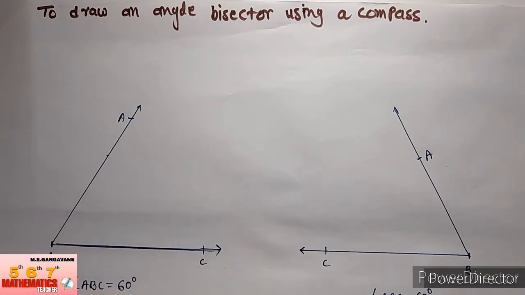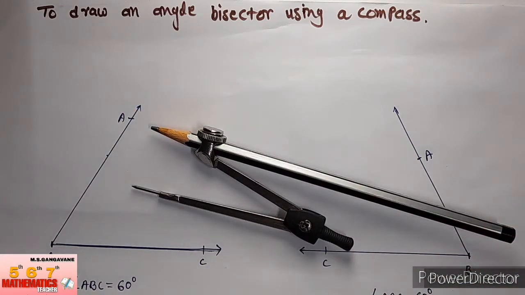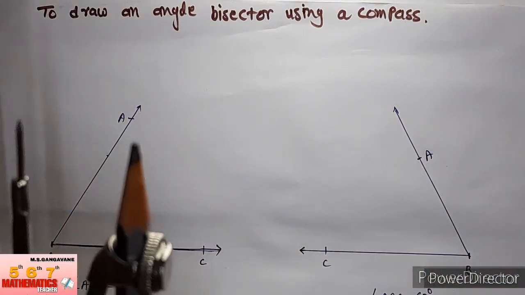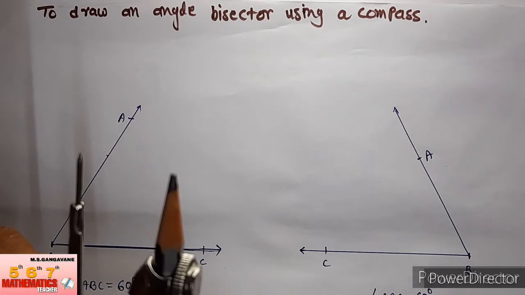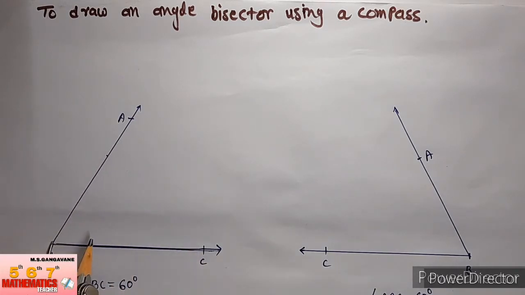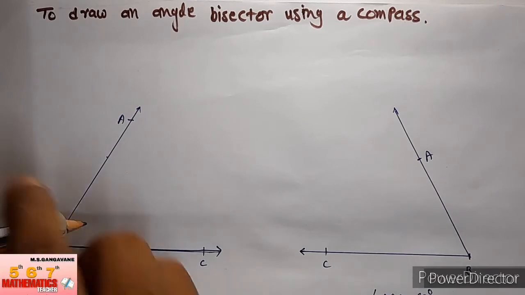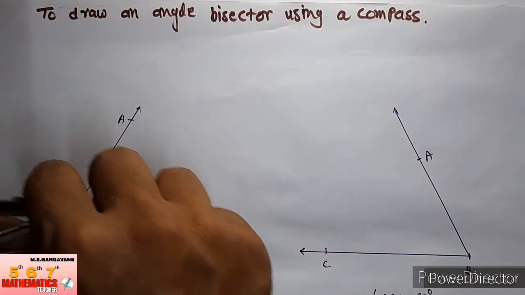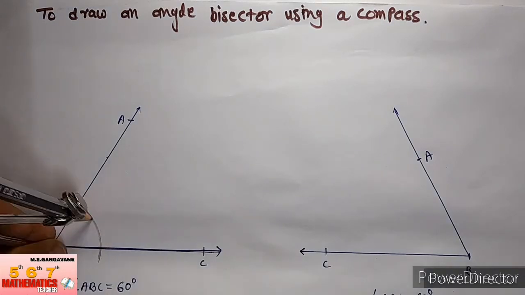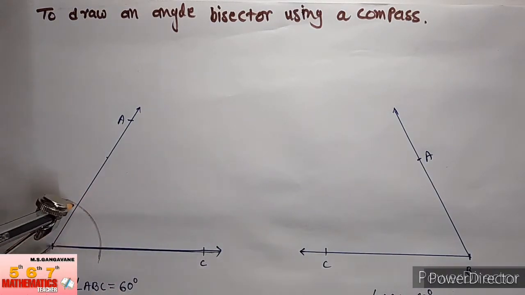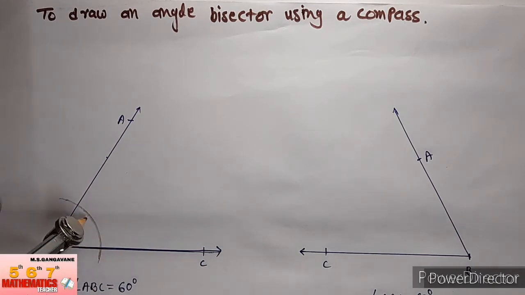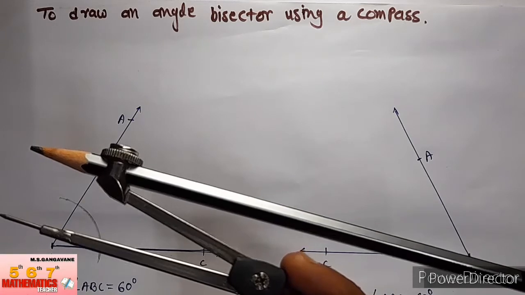Now the first stage is complete. Now use the compass, join with the pencil. Get a convenient distance between the metal point and the pencil point. Done. Now the metal point on B and make the arc to both rays by the help of the convenient distance.